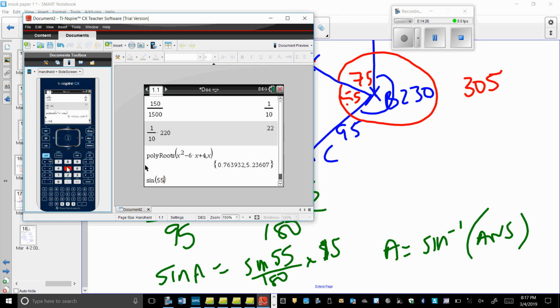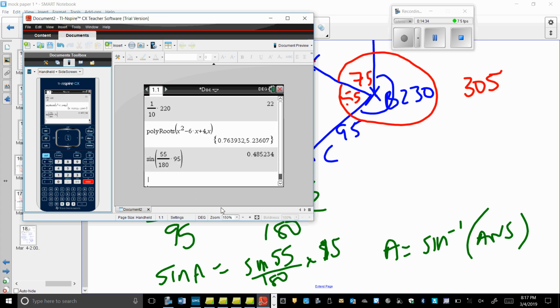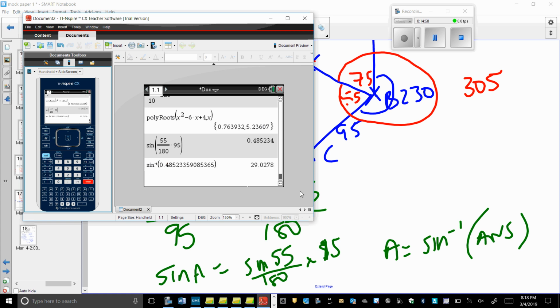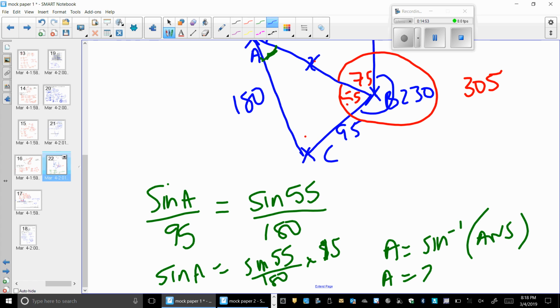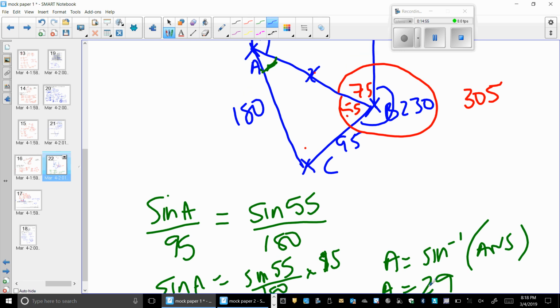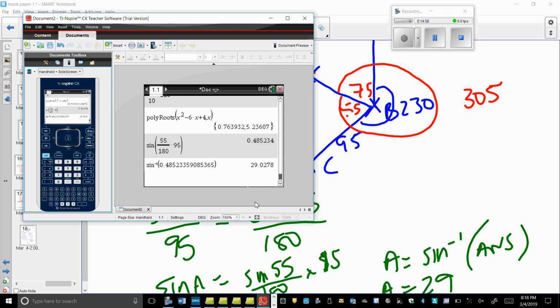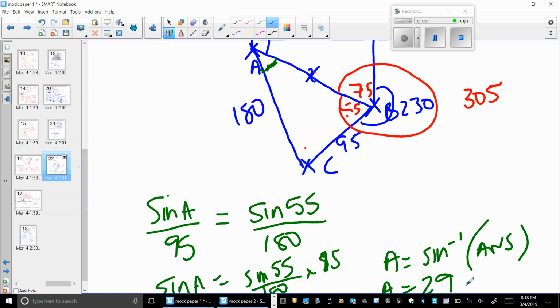Sine 55 divided by 180 multiplied by 95 gives us that, and then inverse sine of the answer gives us A is 29.0278.